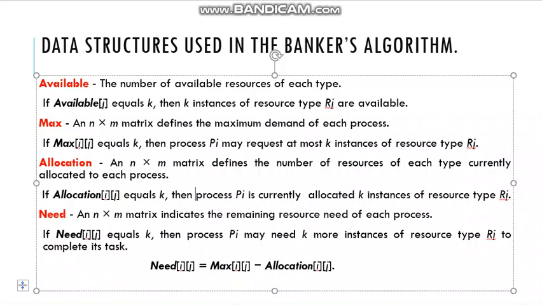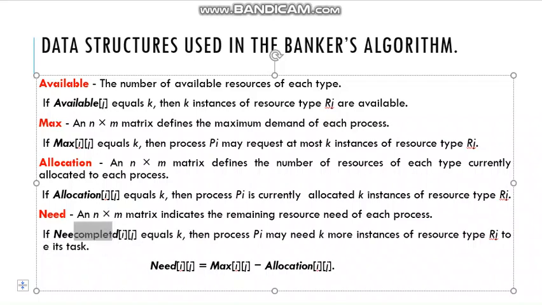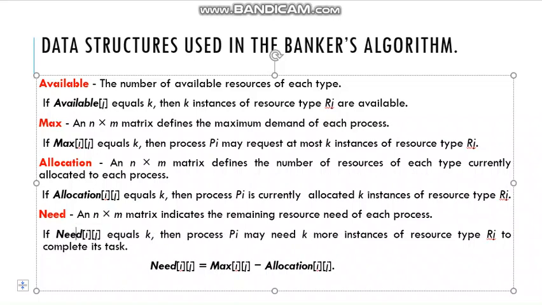Then we have to calculate the Need. Need indicates the remaining resources needed by each process. So it will request this much, this much resource I need so that I can complete my task. Need is also given like, if it is equal to k, it needs k instances.